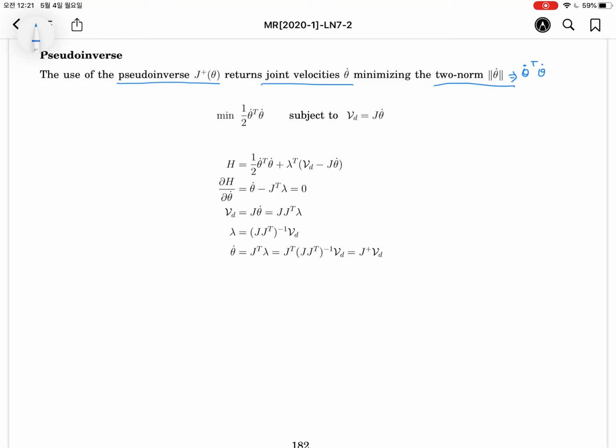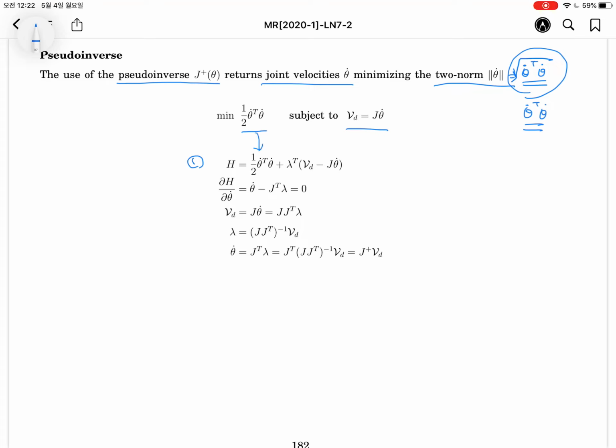The 2 norm will be equal to the square root of theta transpose theta. The minimum of this one will be equal to the minimum of theta transpose theta. Is it right? So we will take one half theta transpose theta with the equality constraint, the twist equation, the Jacobian mapping.